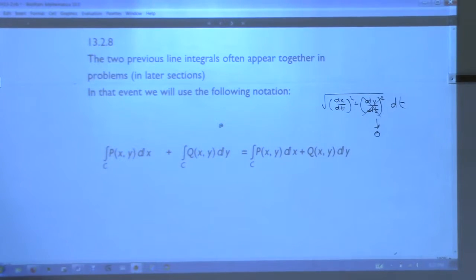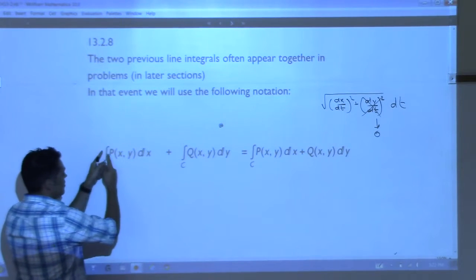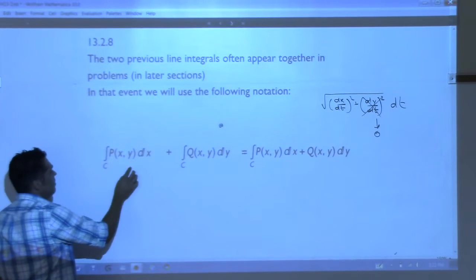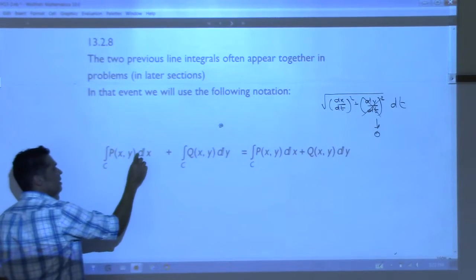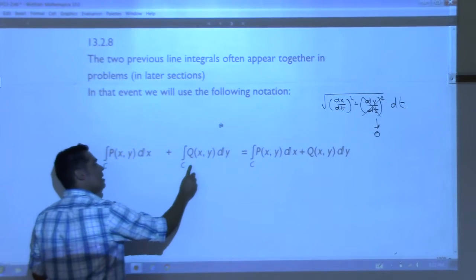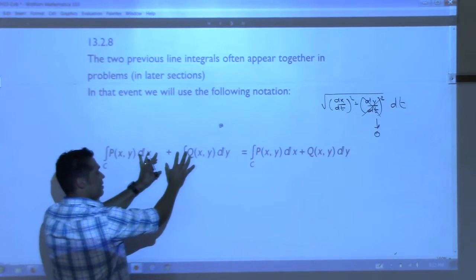So later on, as we move through this section, you're going to see these two integrals come up quite a bit. This line integral of some vector function, we're using p here instead of f, with respect to x, plus some other line integral with respect to y. We're going to see these a lot being added together.